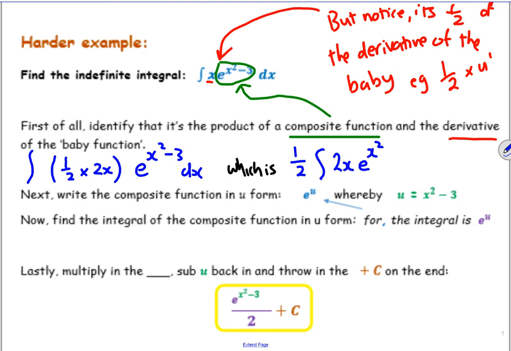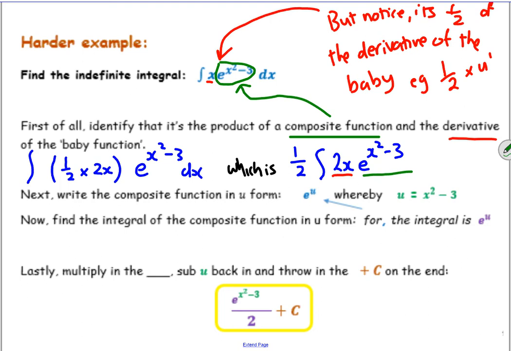Now I've found a way to turn it into the product of a composite. Half times 2x is the same thing as x. Now it's properly written as the composite function times the derivative of its baby.